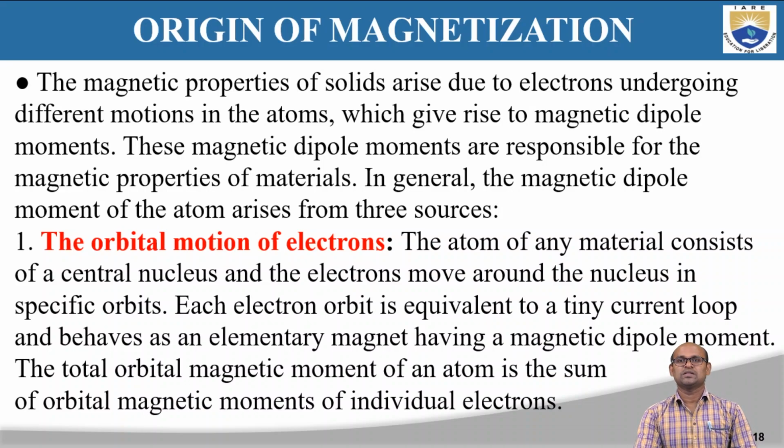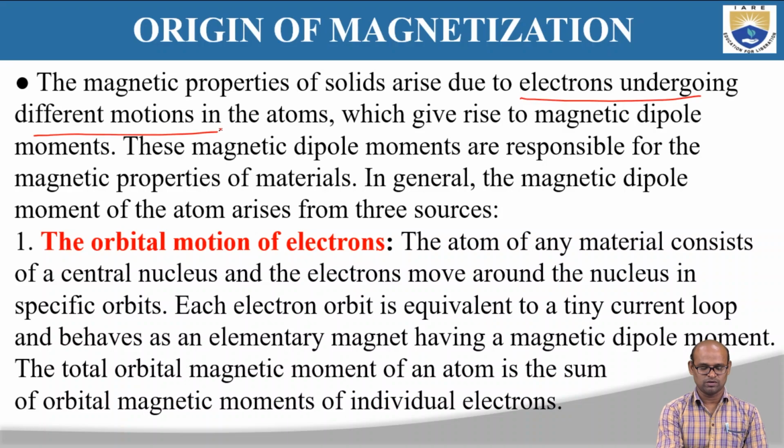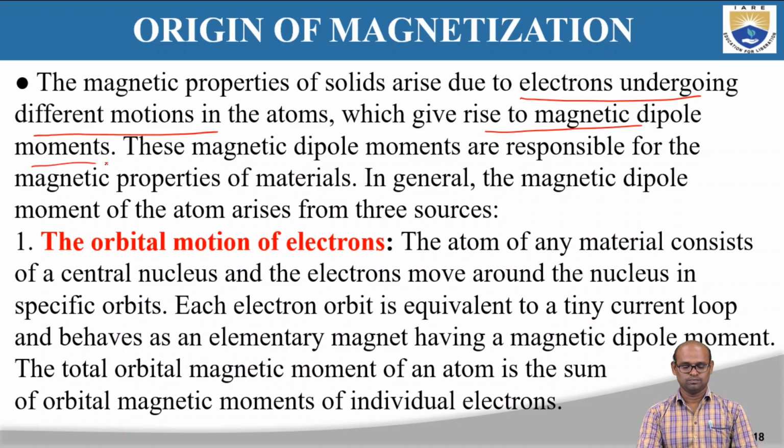The magnetic properties of solids arise due to electrons undergoing different types of motions in the atoms, which give rise to magnetic dipole moments. These magnetic dipole moments are responsible for the magnetic properties of materials.